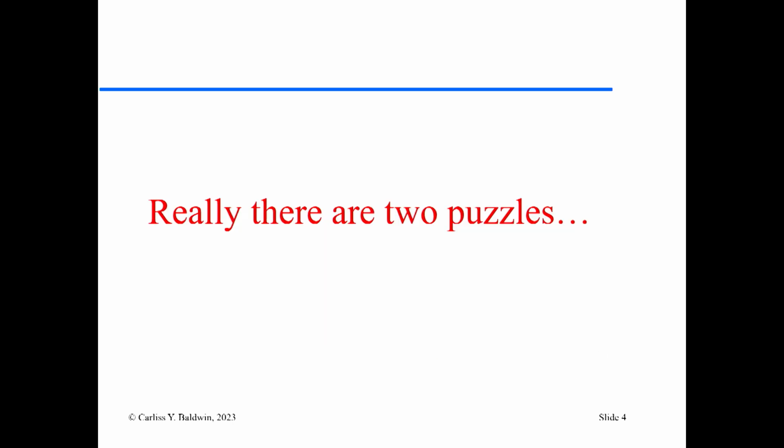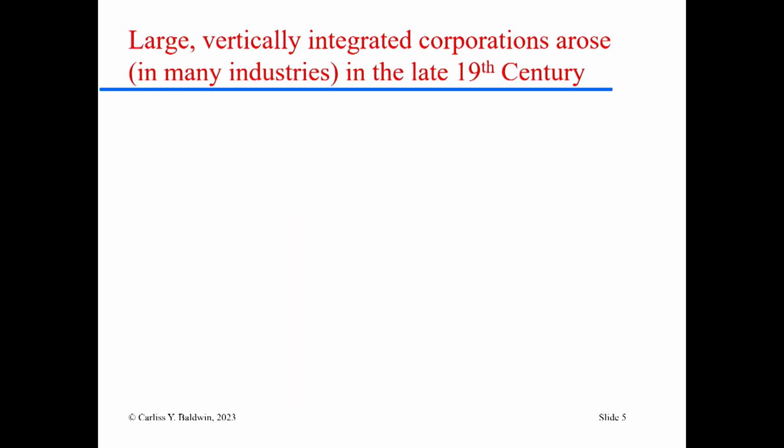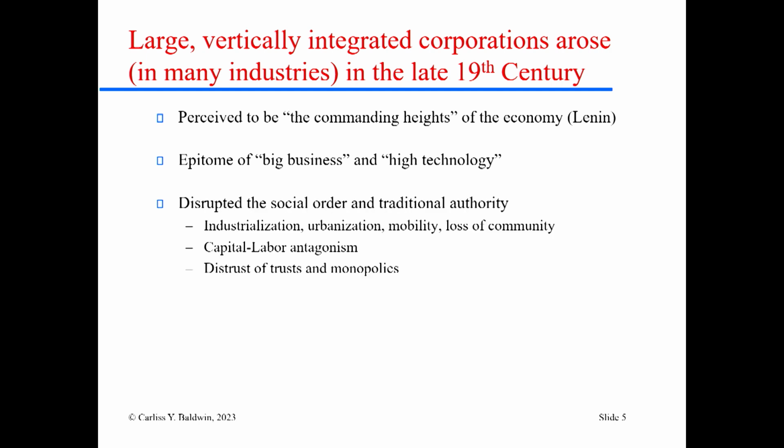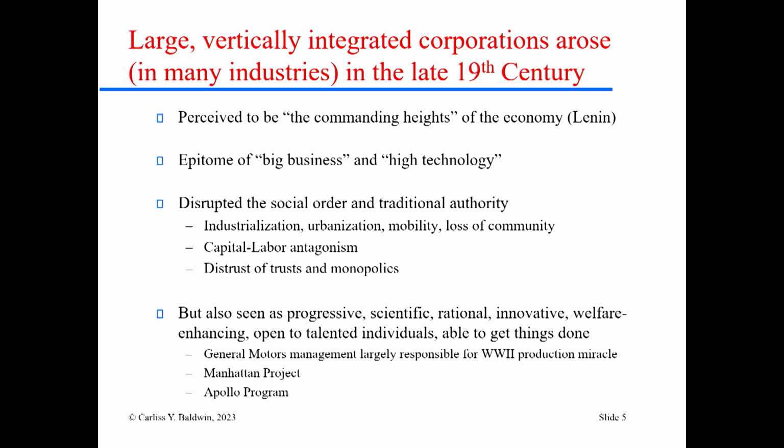So there really are two puzzles here. The first is large vertically integrated corporations arose in many industries in the late 19th century, and they were it for the theory of technology for about 100 years. Lenin called it the commanding heights. They were the epitome of big business, high technology. They disrupted the social order of the time. They set a new social order. But they were also seen as very progressive, scientific, rational, innovative, welfare-enhancing, open to talented individuals, and able to get things done.